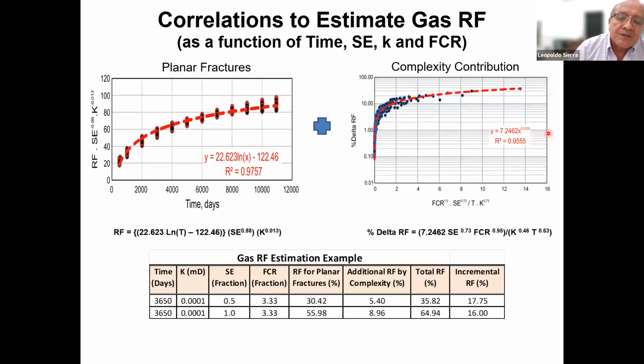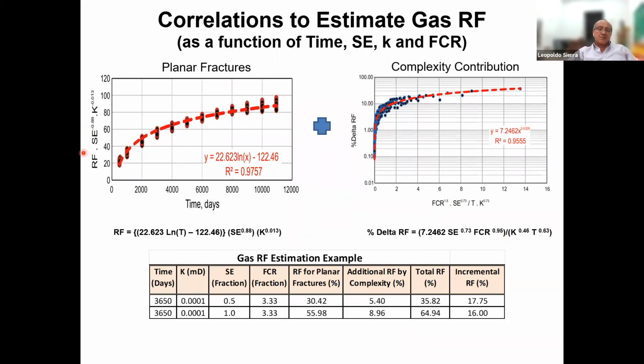So using these criteria, we were able to make another simple back of the envelope correlation to see what would be the effect of the complexity, especially for an unconventional reservoir. This one is generating only planar fractures, and this one is generating the complex fracture or complexity.